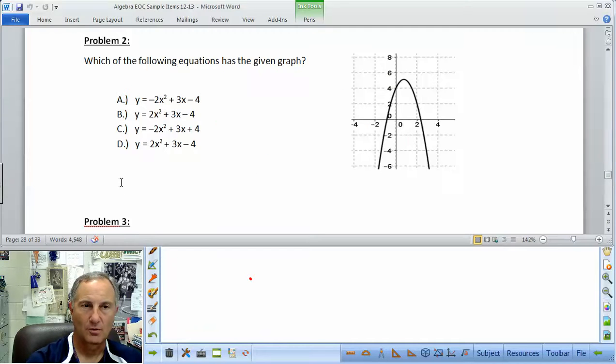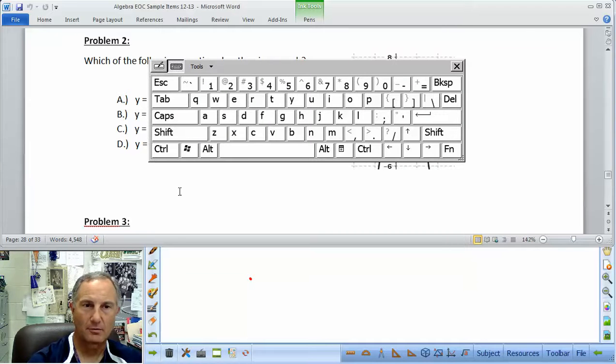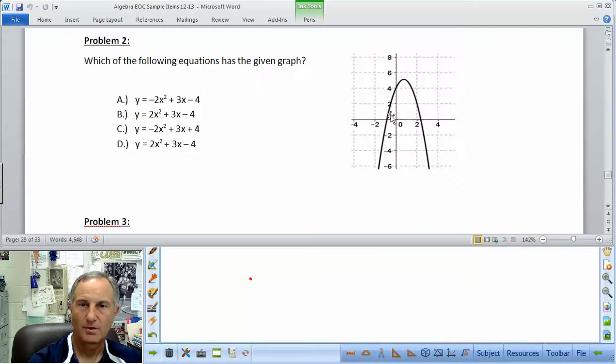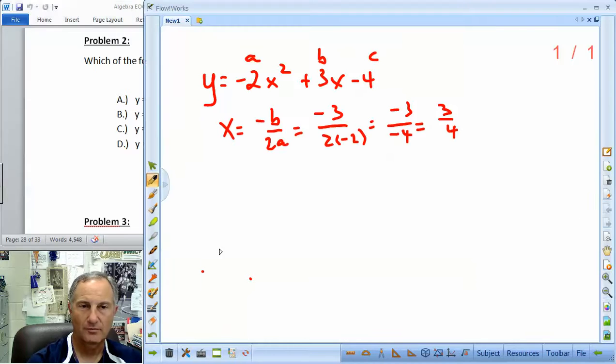Positive 3/4 is right here. So that's telling me that somewhere right in here is my x coordinate, my vertex. Let's find the y here.